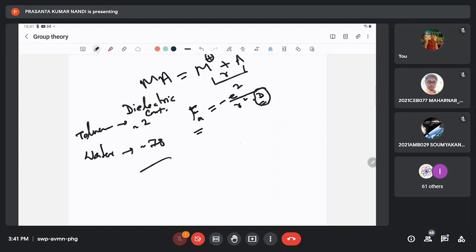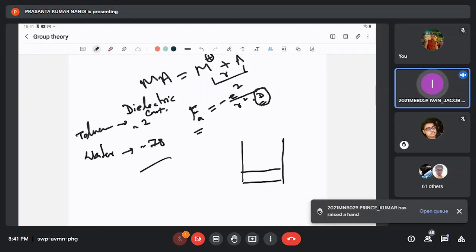Now my next question: suppose in a bottle you take two liquids, which liquid would be on the lower side and which on the upper side? The denser will be lower.